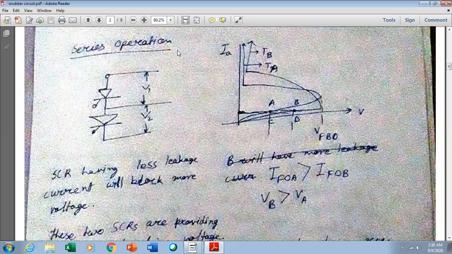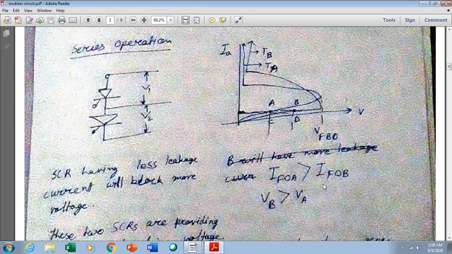Suppose these are two SCRs connected in series, and suppose they have the same voltage rating. Here in this graph you can see that they will have different forward blocking voltage and different leakage current.